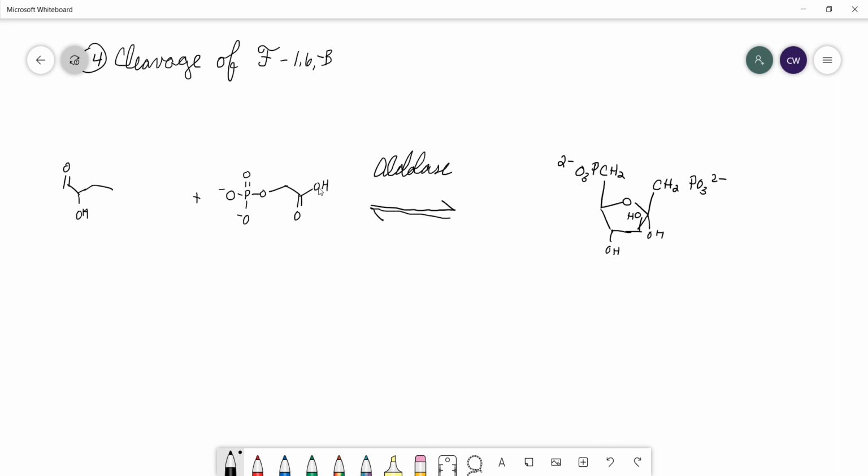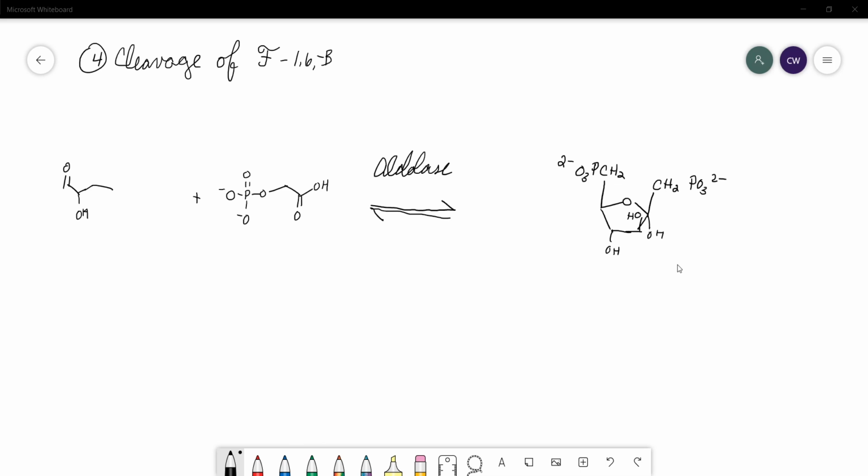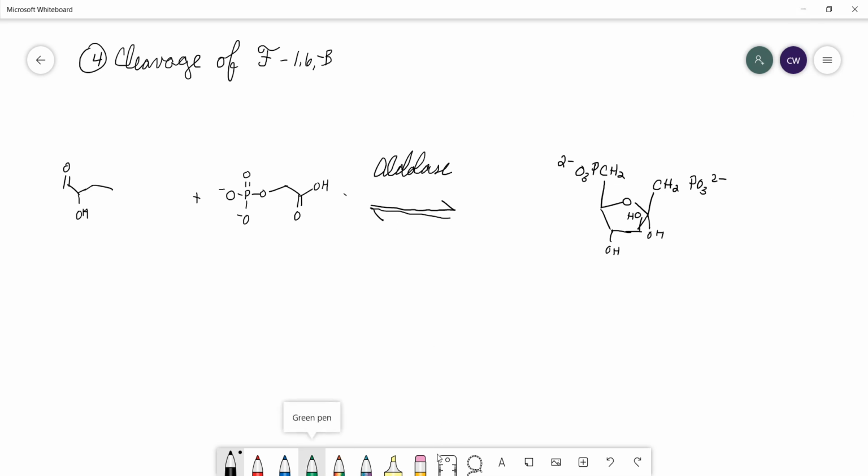One moment. A thousand pardons, I messed up that first structure. So dihydroxyacetone phosphate. See if Dr. Conning can actually draw this properly this time.